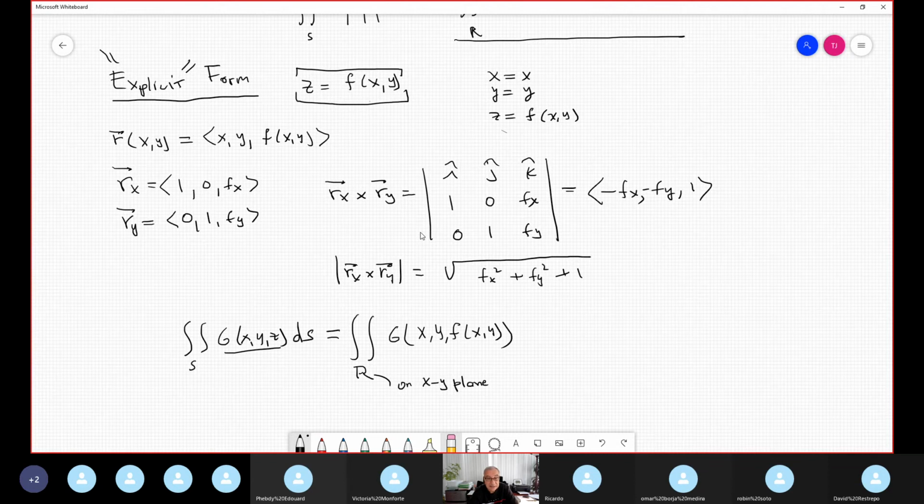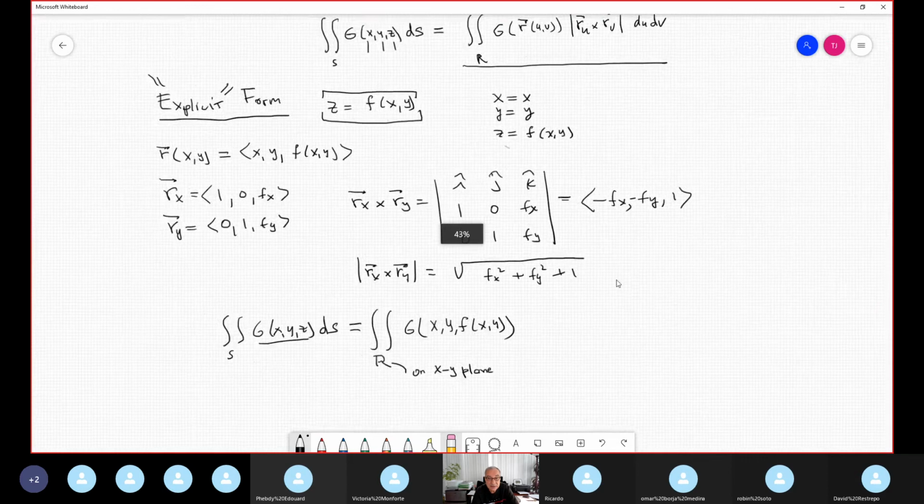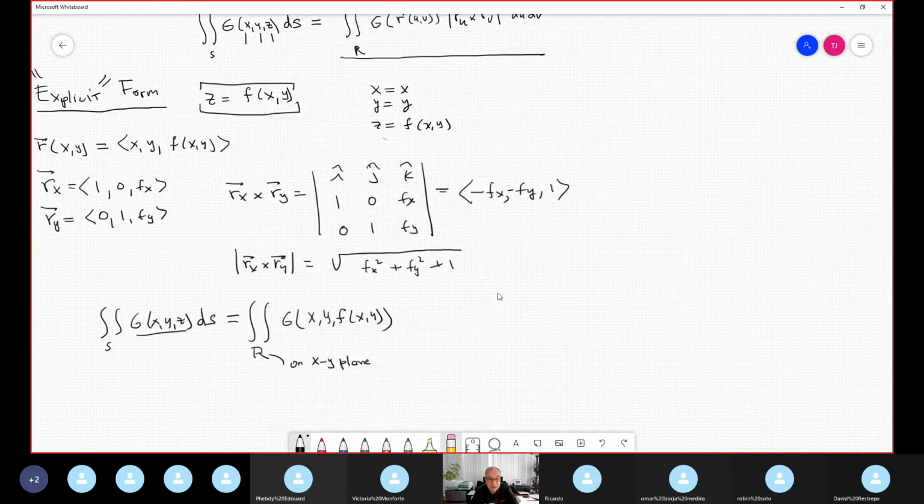Okay, and dS. Look, dS in our example is the square root of f_x squared plus f_y squared plus 1, dx dy, because I suppose the parameters in the parameterization were x and y.